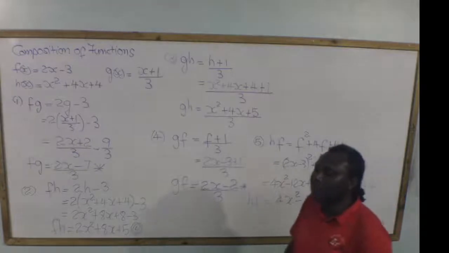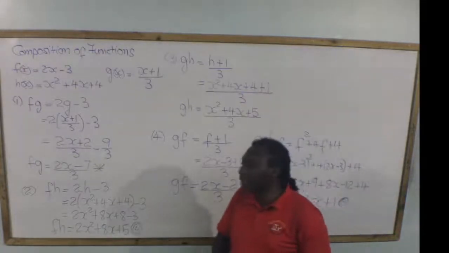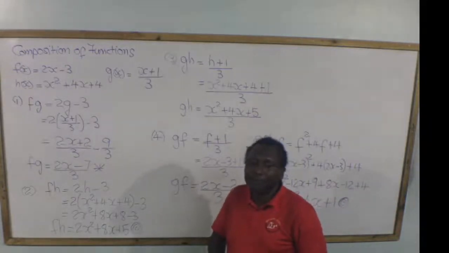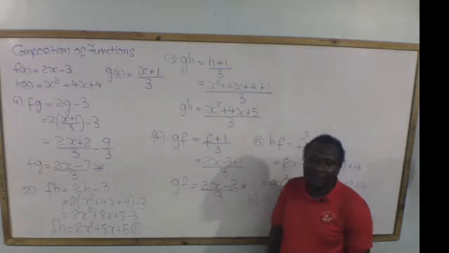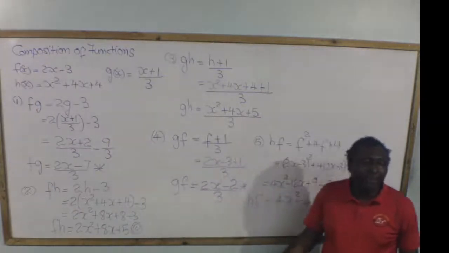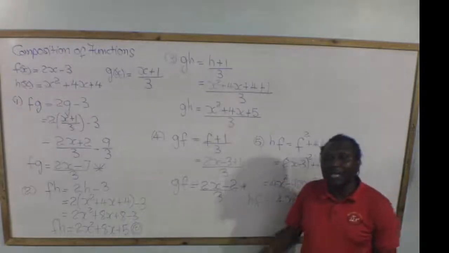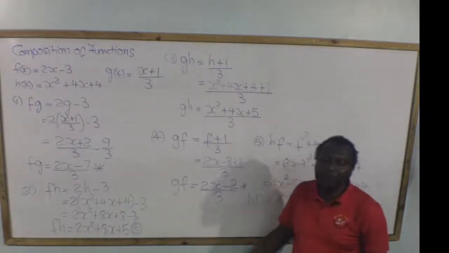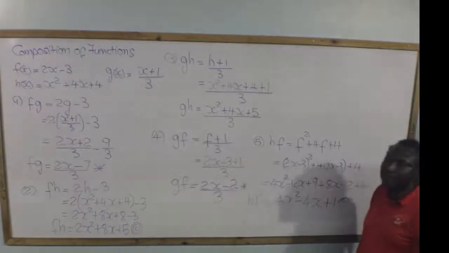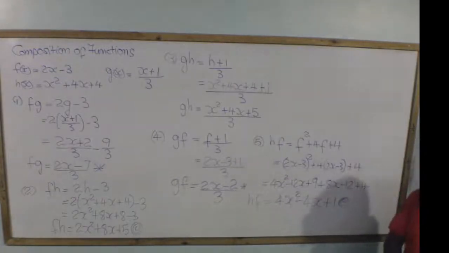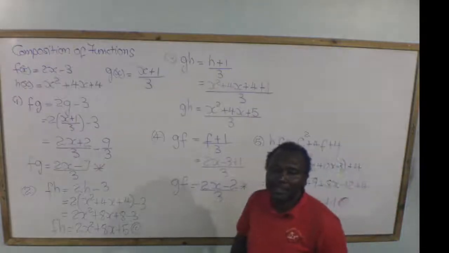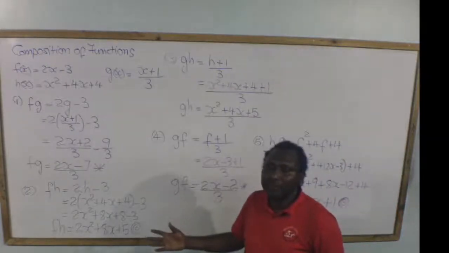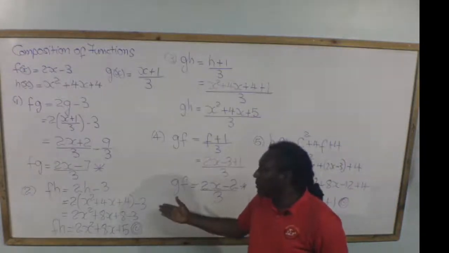Right. And some of us would expect that f of g would be equal to g of f. We see that happening in our regular addition where 5 plus 4 is equal to 9 and 4 plus 5 is equal to 9. And because the order in which we add the numbers does not matter, we say that addition is commutative.